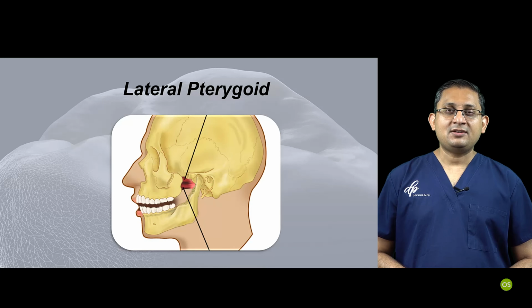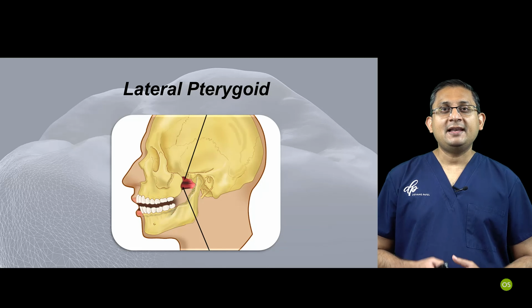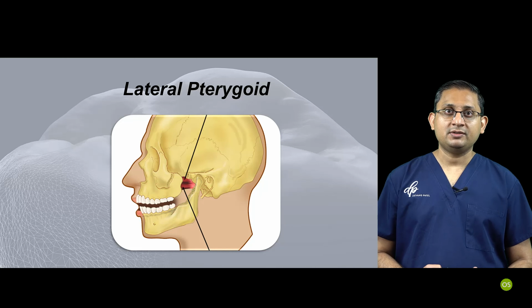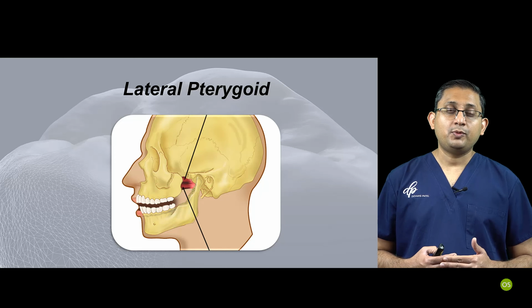Then you have a very interesting muscle, the lateral pterygoid. The lateral pterygoid muscle is divided into two different muscles: the inferior lateral pterygoid muscle and the superior lateral pterygoid muscle. The inferior lateral pterygoid muscle really helps the mandible to protrude.